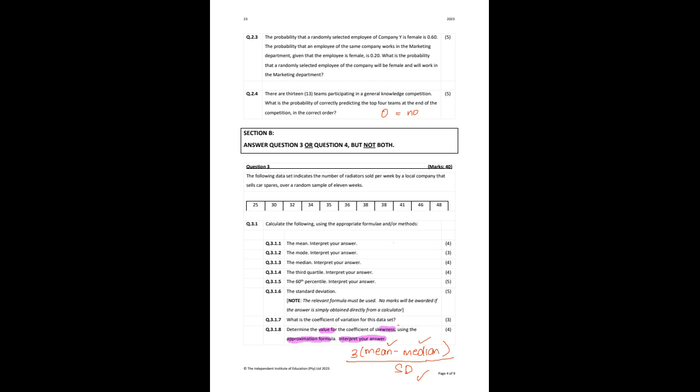If you have an answer that's greater than 1, you will say that it is a positively skewed data set. And if your answer is less than 1, it is negatively skewed.